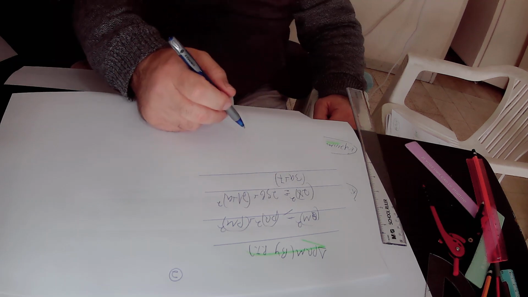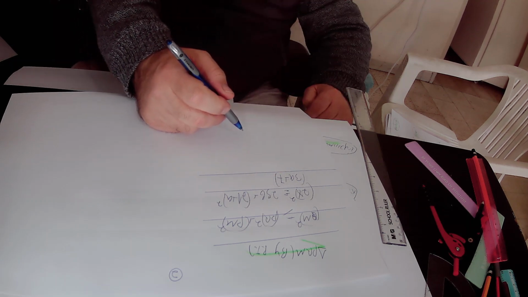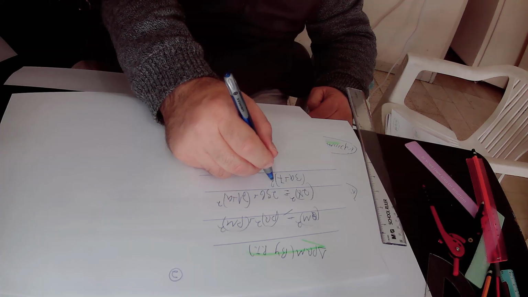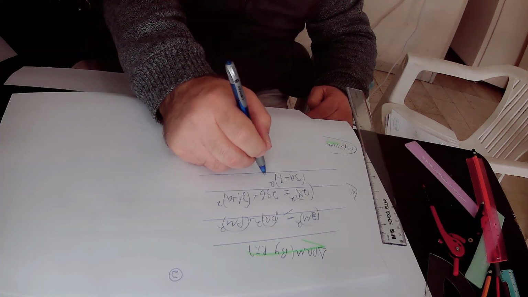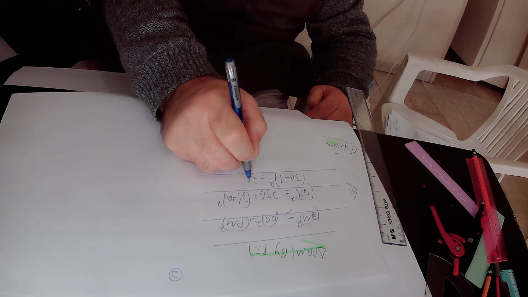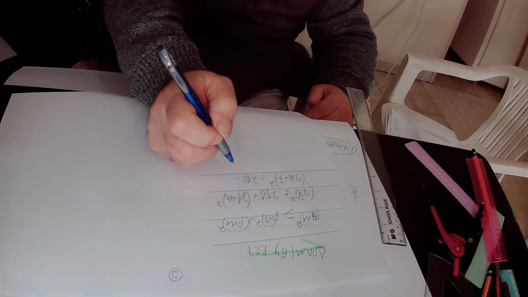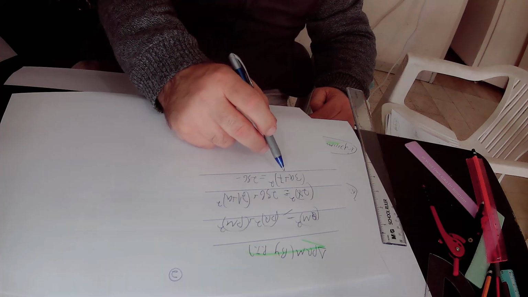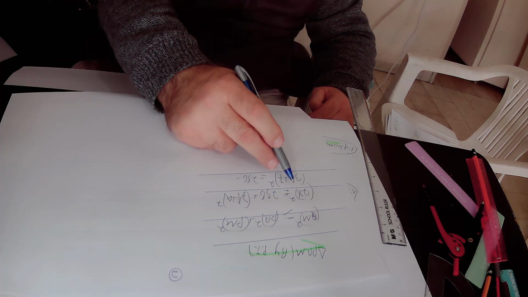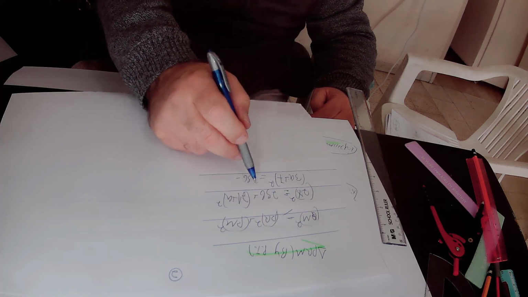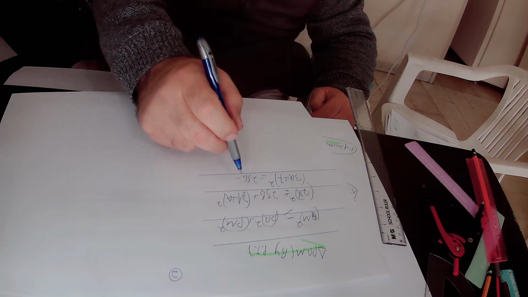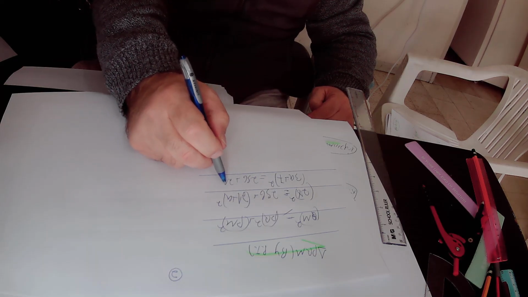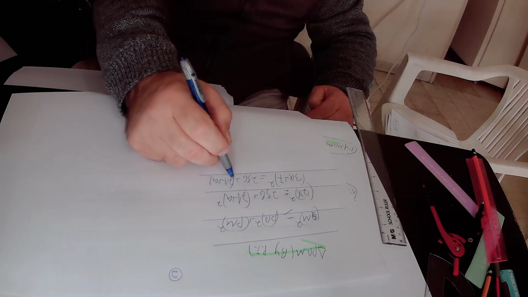If 2x equals 3a plus 7, it means that 2x squared equals 3a plus 7 squared. And it equals 256 plus 21 plus a squared.